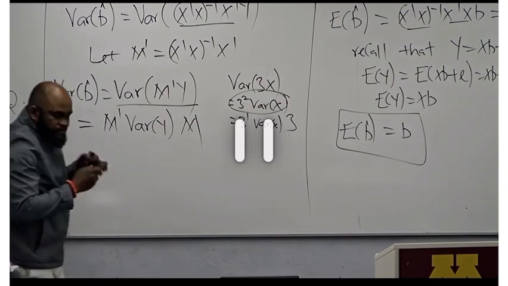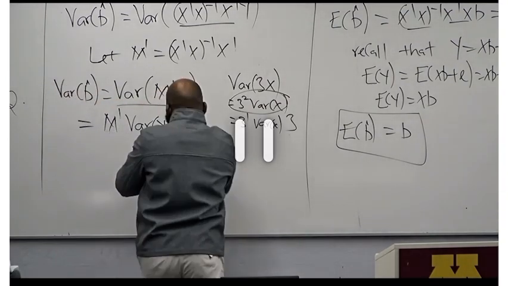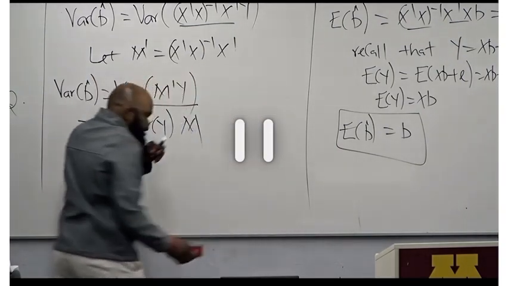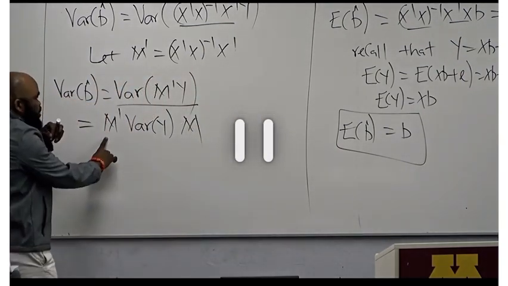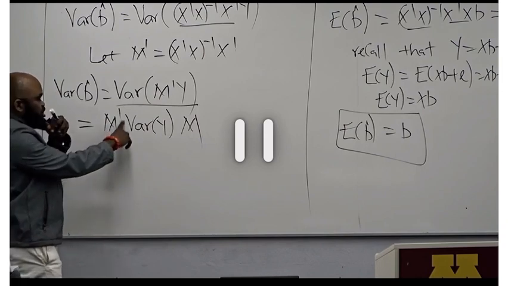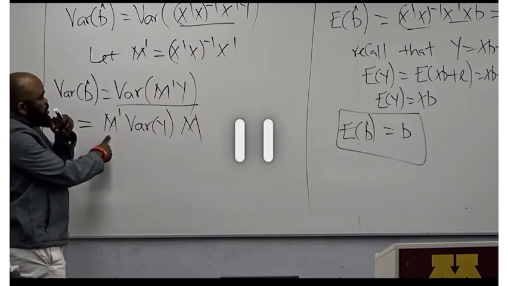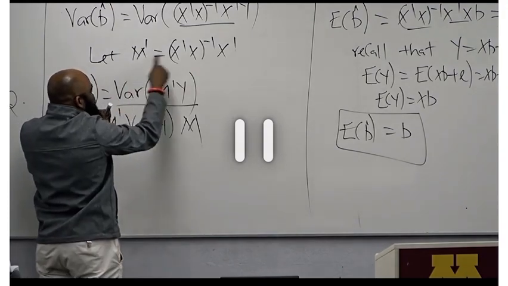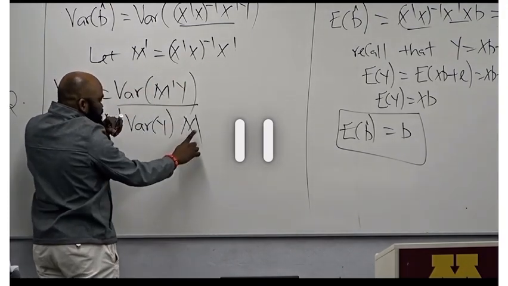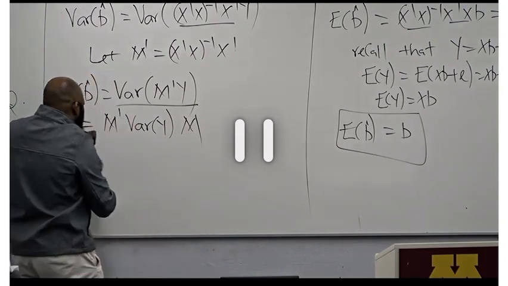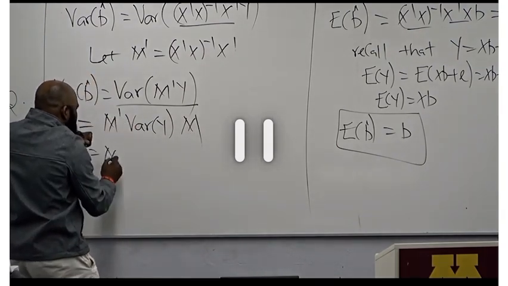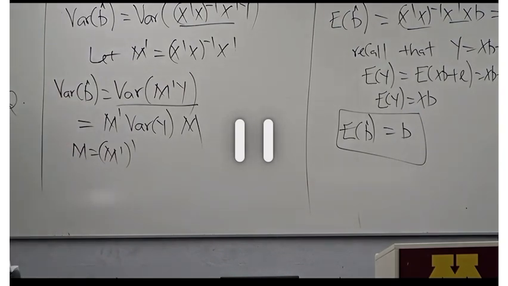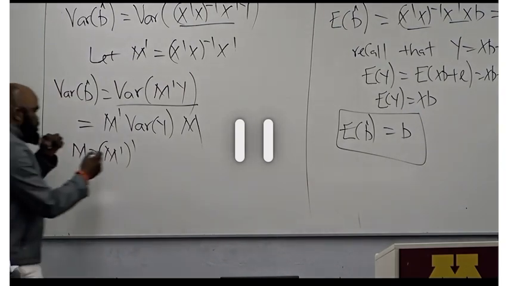Now, if this is what I have right now, what is the transpose of my M? This is M transpose. If I want to get M here, M is the transpose of M transpose.